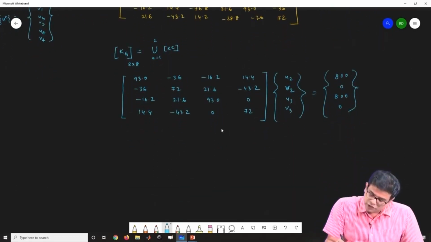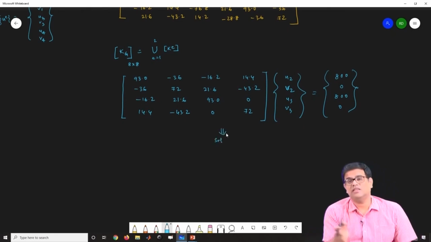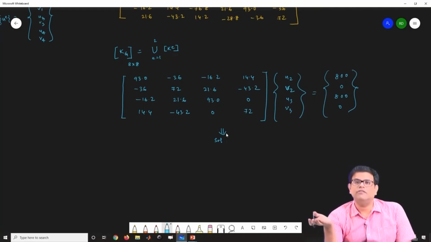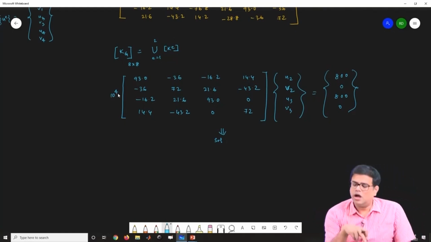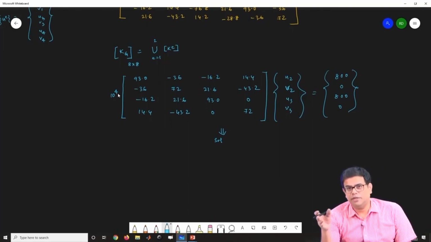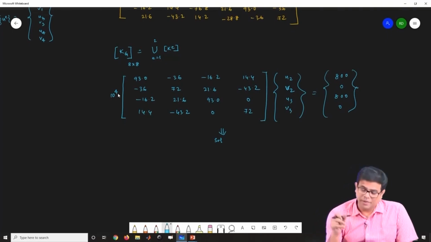This is a simple problem, so you can take an inverse, and there is a 10 to the power 4 here. You can take the inverse of it and then pre multiply with this vector, but that is not usually done in solution of systems, because inverse costs more. Not only that, inverse is sensitive to the entries in the matrix.